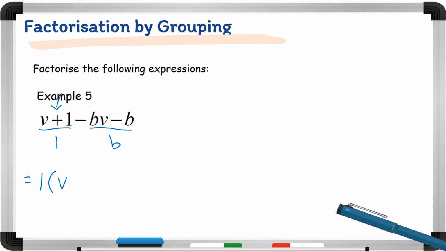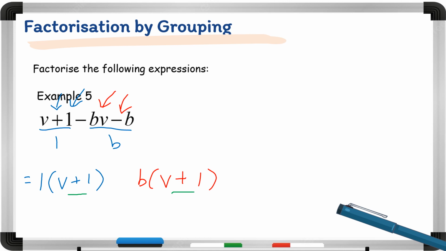The operation is a plus. 1 divided by 1 is still 1. Next, do not worry about the sign, but let's carry out the factorization. bv divided by b, we will have v. b divided by b, we will have 1. Once again, make sure that the terms and the sign are exactly identical. So the operation here will be v plus 1.